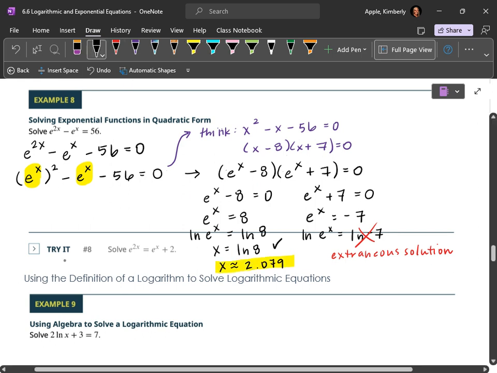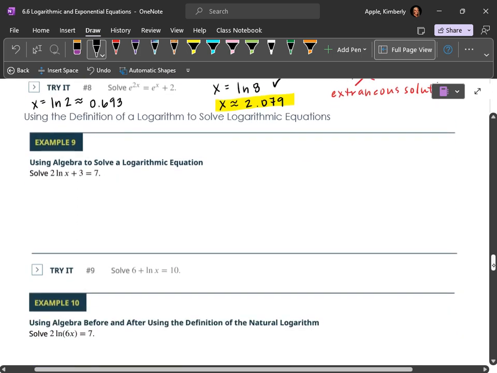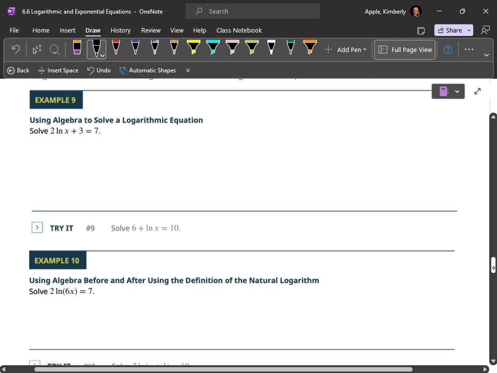So if you want to try number 8, you'll see that x should be equal to the ln of 2, which should be approximately equal to 0.693. Right, you'll use the same method of factoring there, get everything on one side, and then factor.